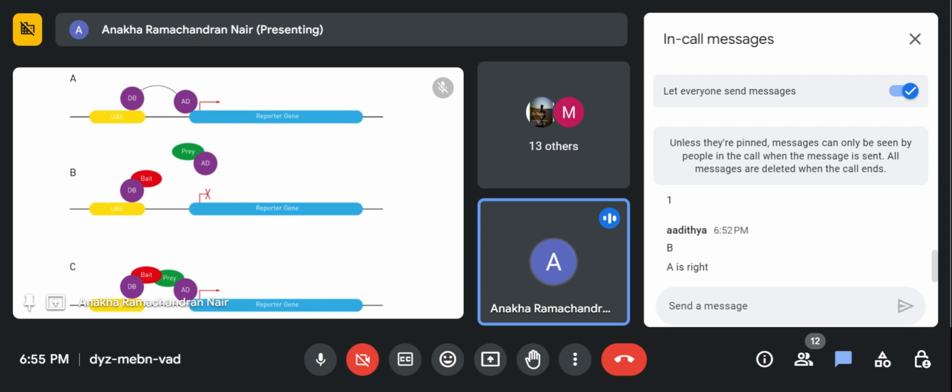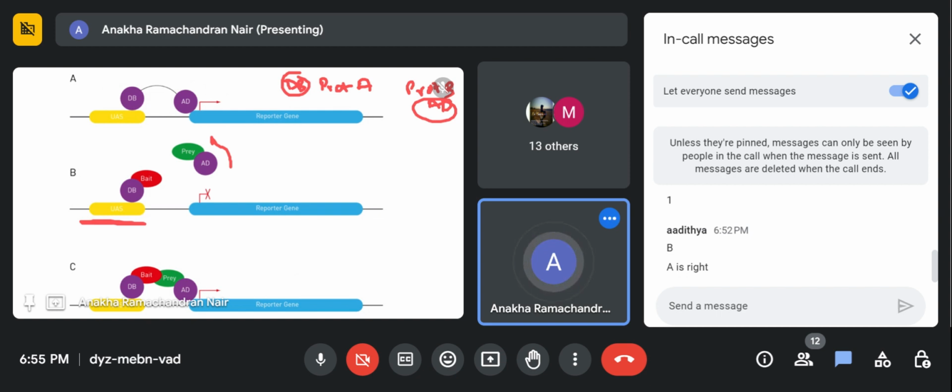So you have protein A, which is attached to the DB, and you have protein B, which is attached to the AD. The one with the AD becomes the prey, and the one with the DB becomes the bait. So the DNA binding domain and the bait protein will attach to the area upstream of the gene.